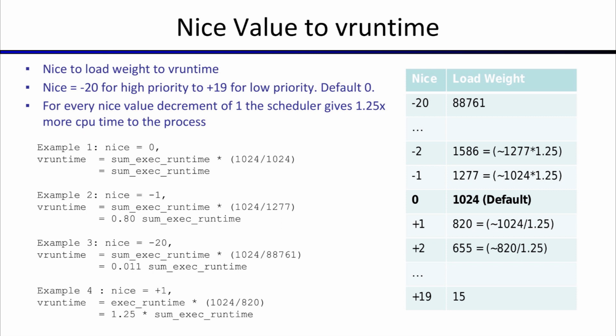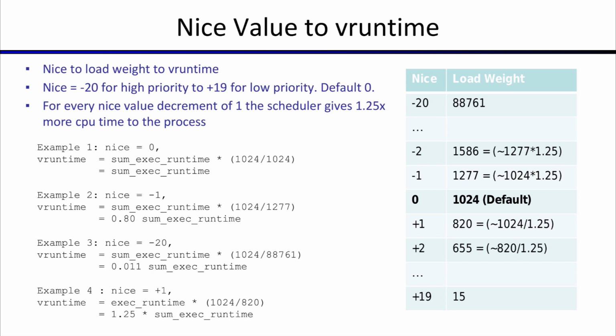So you can see, even though we just had this small 40-point difference here, we created a load weight difference using this 40-point scale of roughly going from the lowest weight of 15 to 88,761 times. So you create that load weight range. And the V runtime is going to be calculated using that load weight.